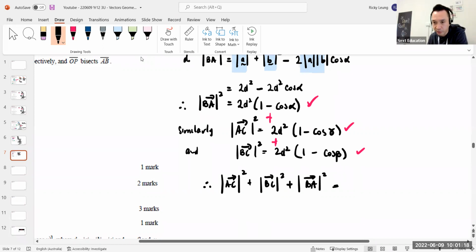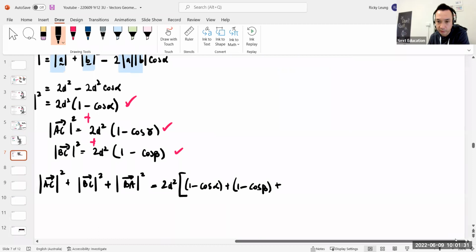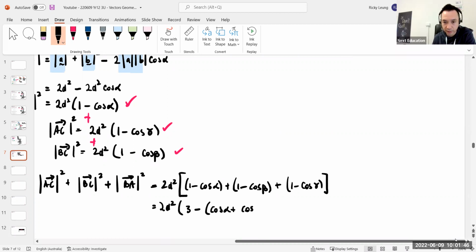Sum and factorize, so it'll be 2D squared times 1 minus cos alpha plus 1 minus cos beta plus 1 minus cos gamma, which then equals 2D squared times 3 minus, now they factorize this, cos alpha, beta, gamma added.